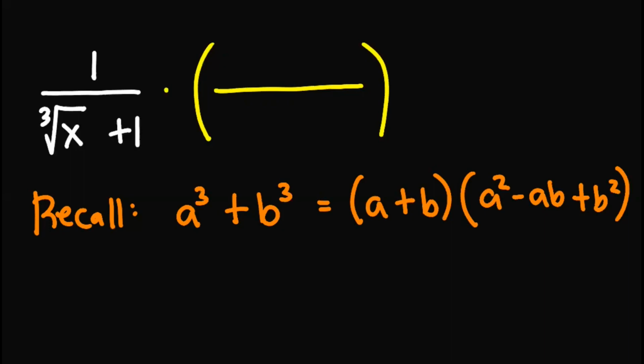So where did this come from? This came from the idea of sum of two cubes. Basically, this is present in our factoring playlist, so you can check that one out. So we'll use this idea in this example.